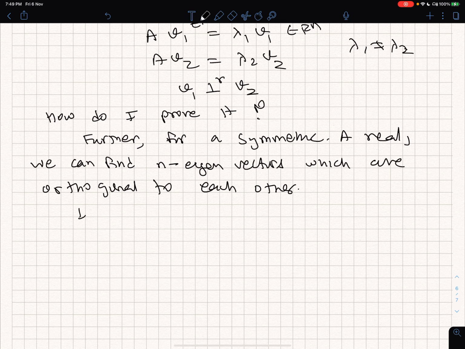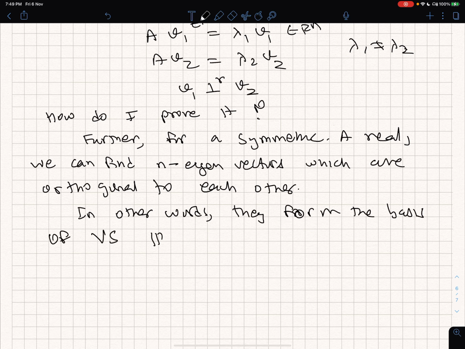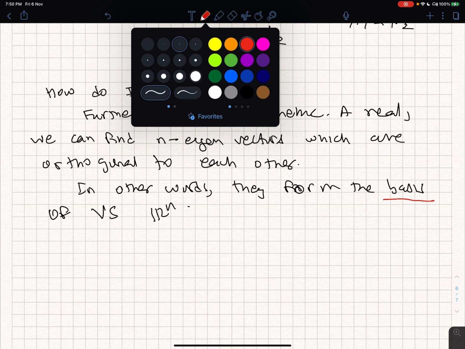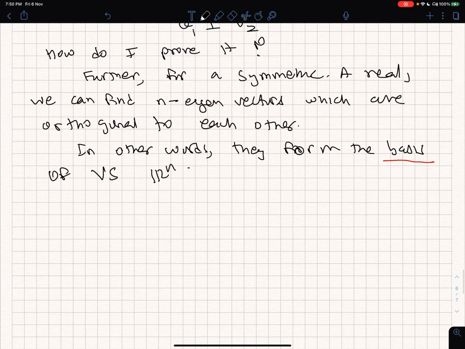In other words, they form a basis of the vector space R^n. Now, I have used a new word, basis, here, so I will have to go back in time, so to say, and bring out what is actually a basis. But before I do that, let me just tell you what I mean here.